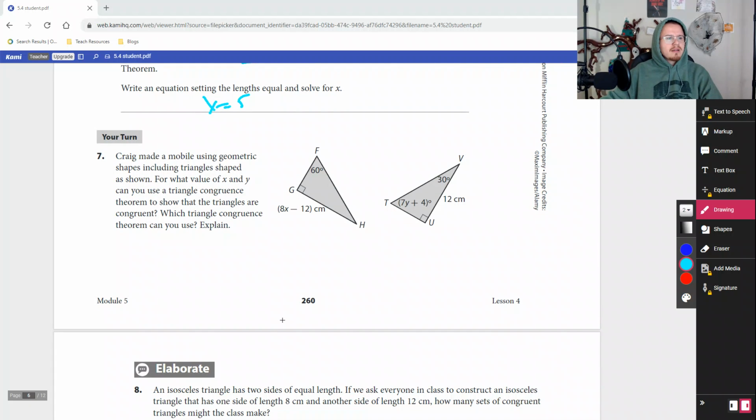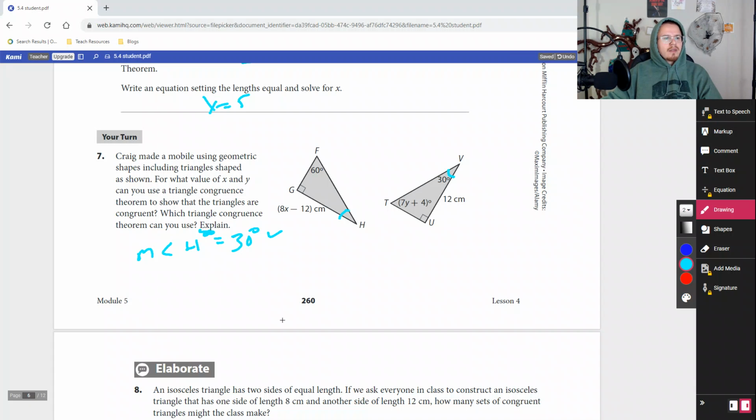The measure of angle H is going to have to be 30 degrees, right? Because of the triangle sum theorem. So that we know that. Now, if you look at angle V and angle H, those are congruent.